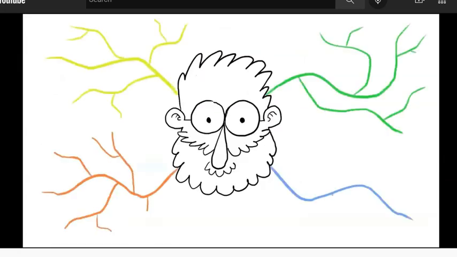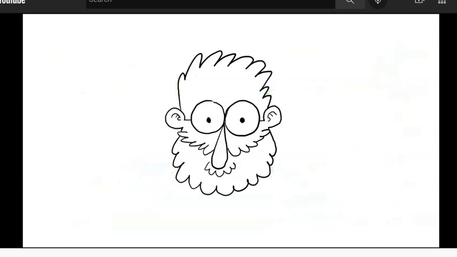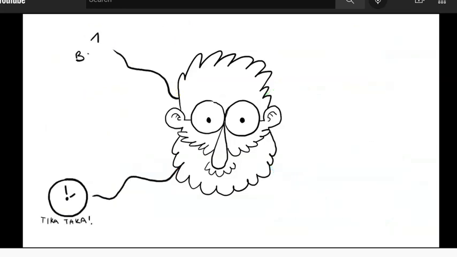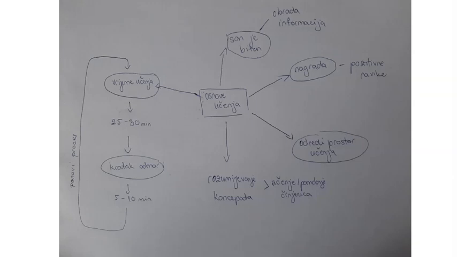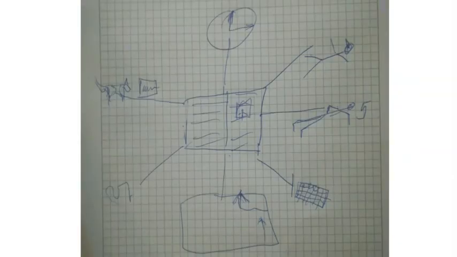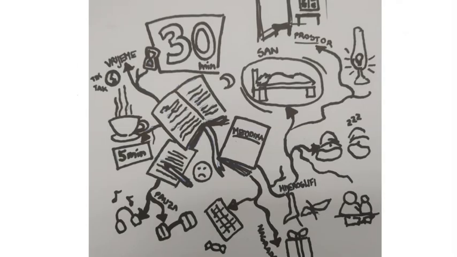In the second lesson, Basics of Learning, participants were briefly introduced to the basic principles of mind mapping and were offered advice on how to optimize their learning process. In the second task, participants were asked to draw a mind map based on the Basics of Learning video while watching it at the same time.